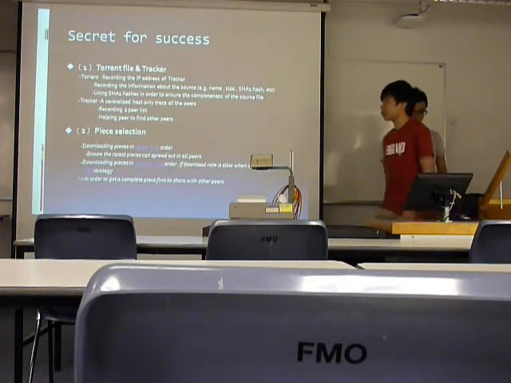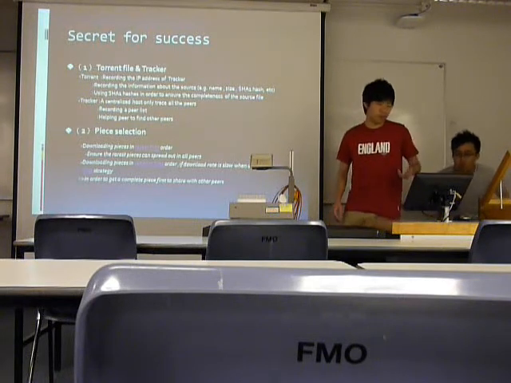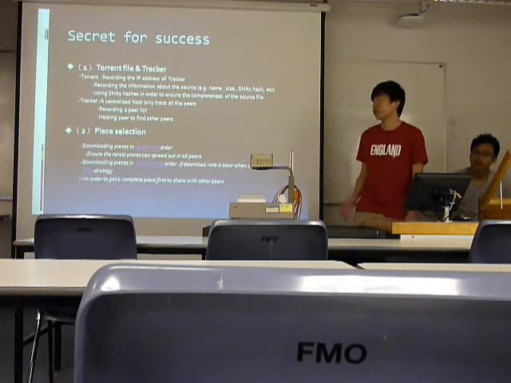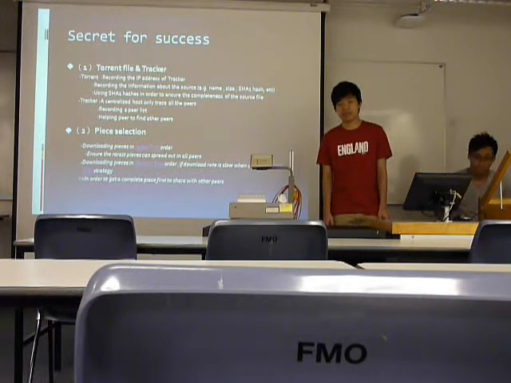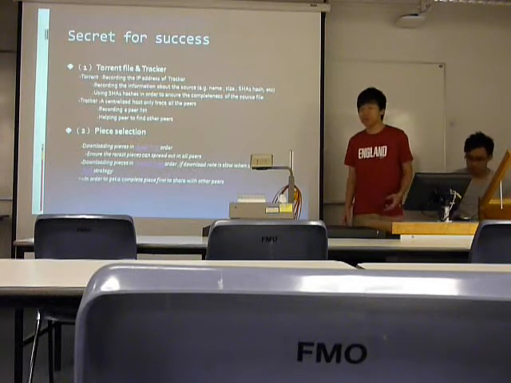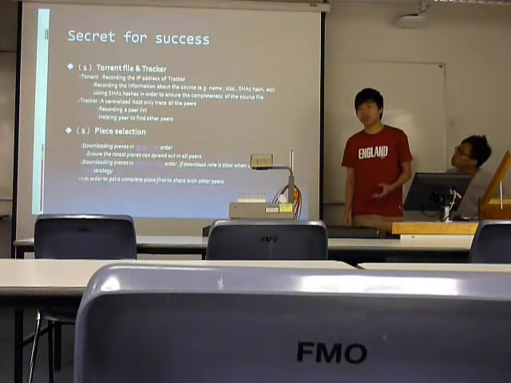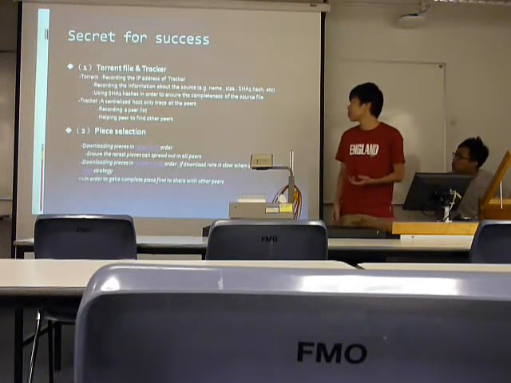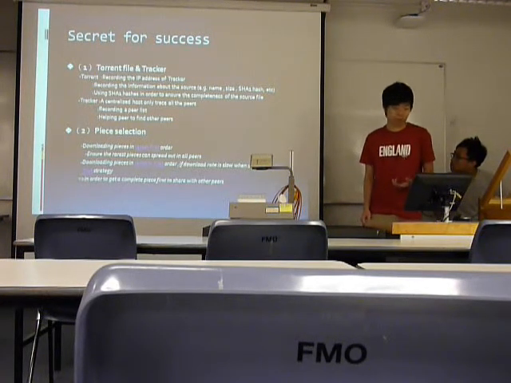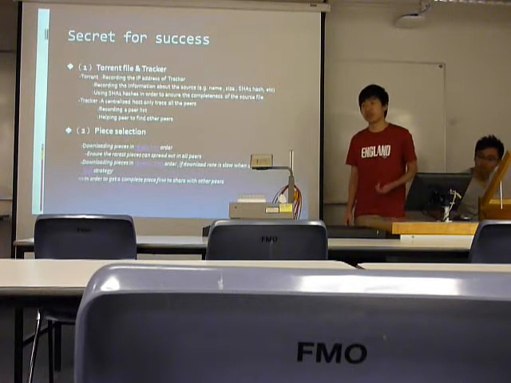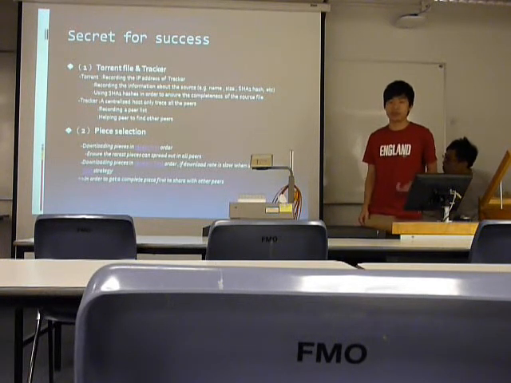Then I will talk about the four secrets for the success of BT. The first one is about the torrent file and the tracker. The .torrent file includes the name and the size of the source file, and the SHA-1 hash, which means Secure Hash Algorithm, which is used to ensure the completeness of the source file.